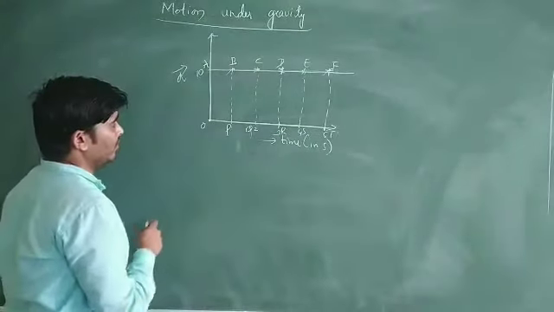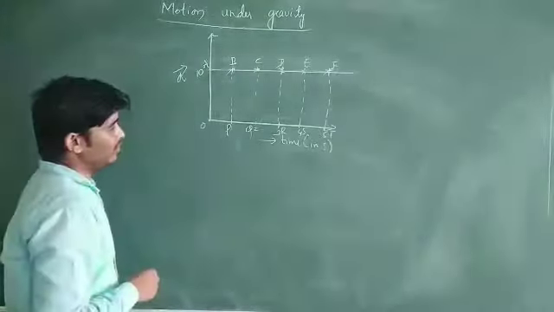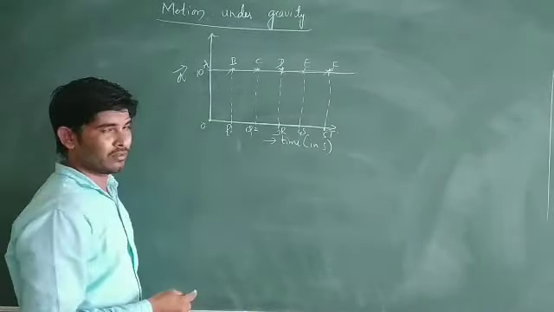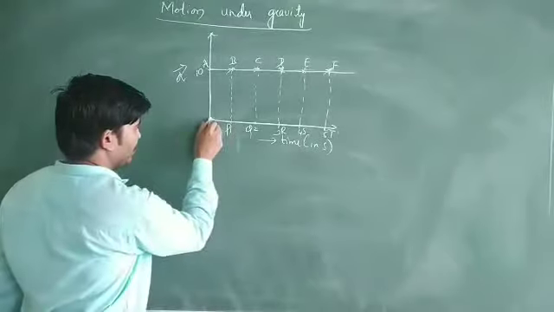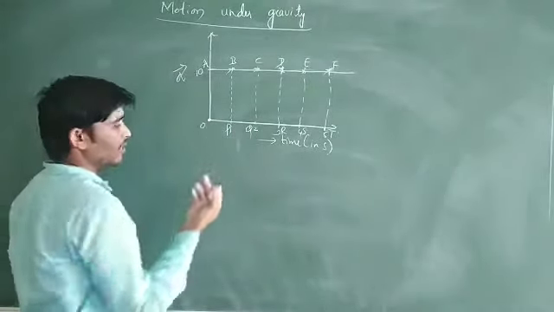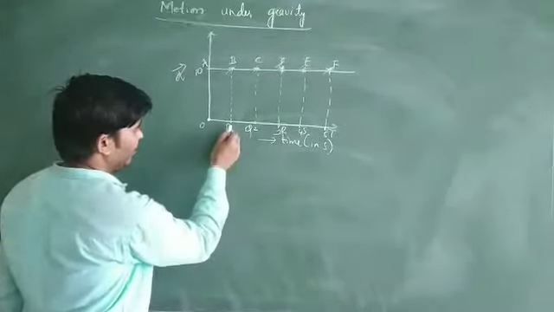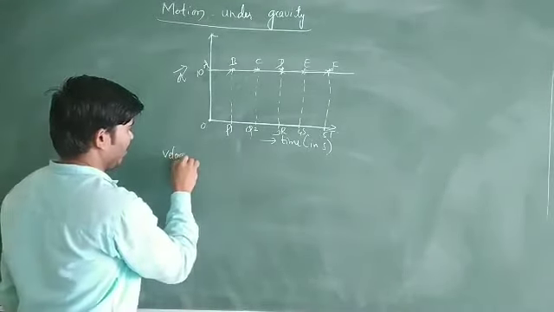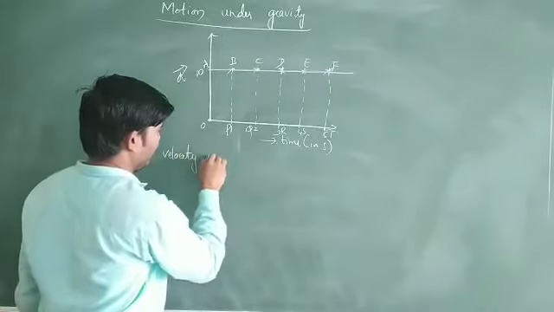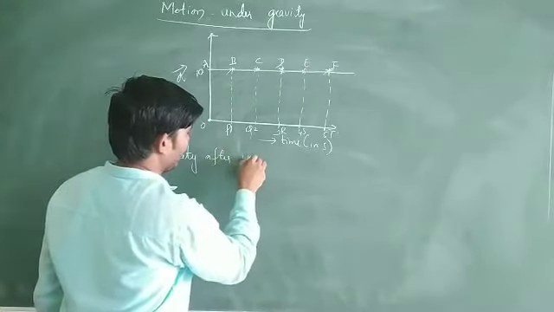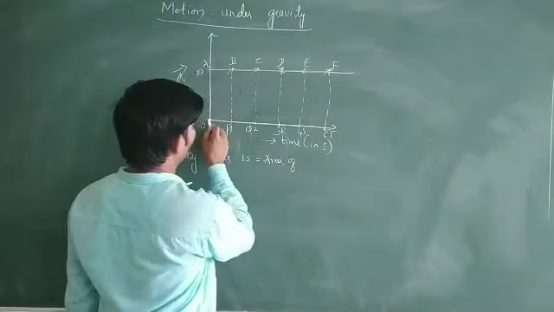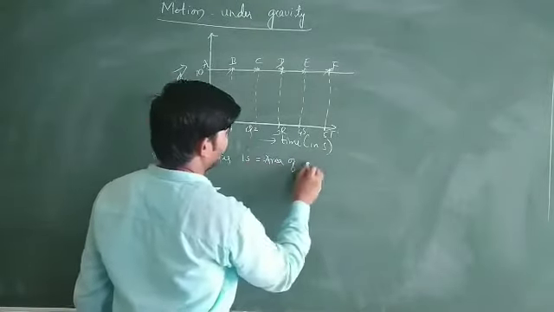Now first we should find the velocity of the body after 1 second. At 0 seconds, the velocity of the body is 0. Now we need to find the velocity after 1 second. That is the area of OABP.